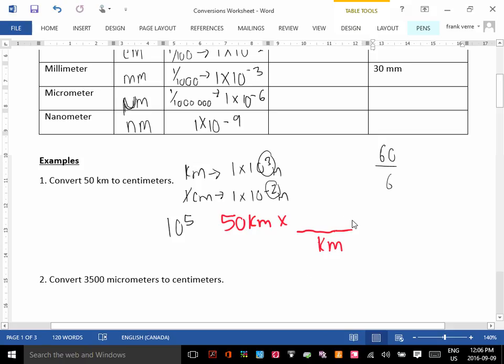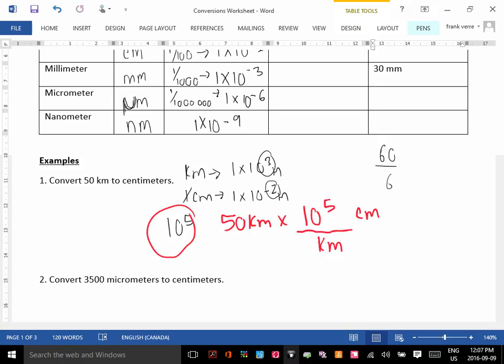And we know we're going to be left with centimeters. 50 kilometers is how many centimeters? Well, we know that 1 kilometer is 10 to the 5 centimeters. So 10 to the 5 centimeters for every 1 kilometer.